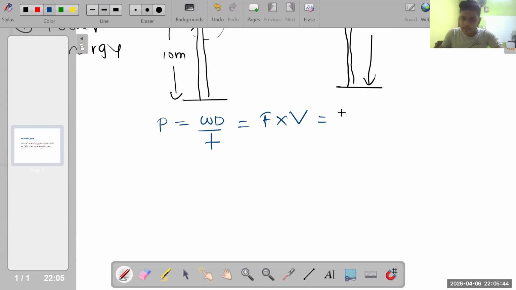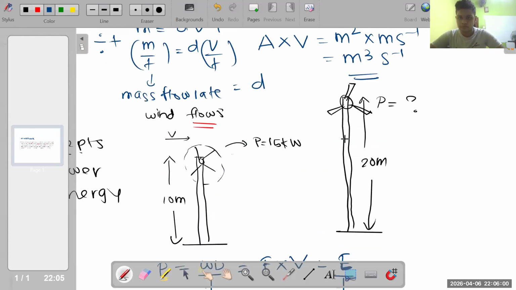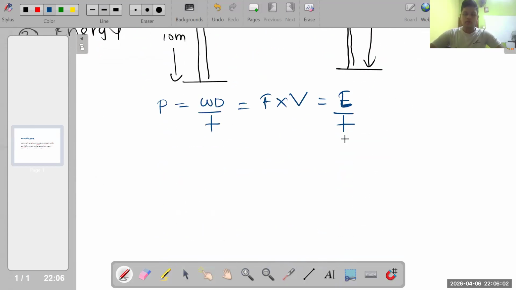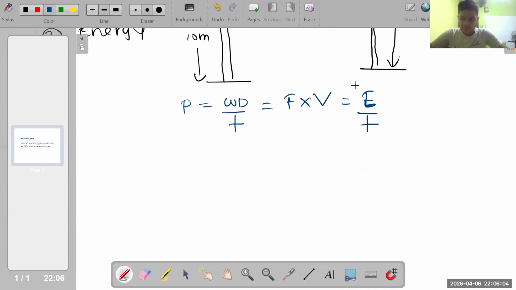So we can write it as energy over time also. So power can be given by these three equations: work divided by time, force into velocity, energy divided by time.